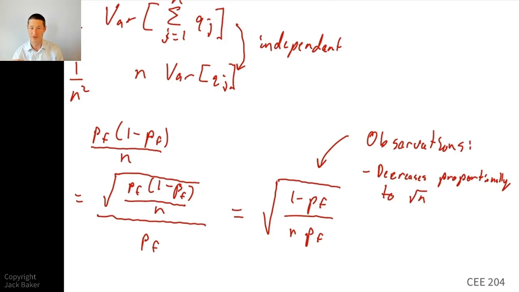And if I want to cut the coefficient of variation in half, I need to increase n by a factor of 4. Okay? The answer also depends on PF, and we'll look in the next slide at specifically how that happens. So safe systems with small PFs versus less safe systems with large PFs, this coefficient of variation is different, right? Because the PF is in there. We'll come back to that in just a second.